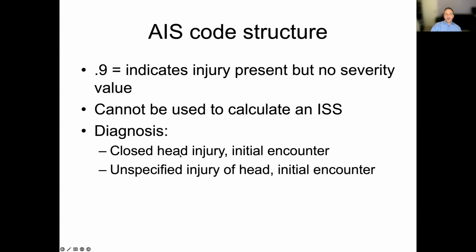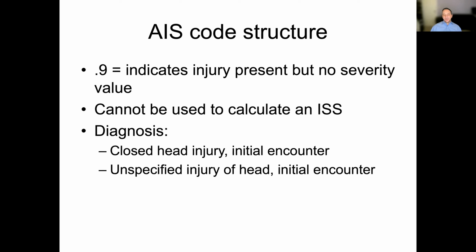An example of an injury that is present, but there's no severity value, would be something like a closed head injury initial encounter, or unspecified injury of the head initial encounter. You know where the body region is, you know it's the head, you know it's an injury, but there's not enough information there in order to code it.